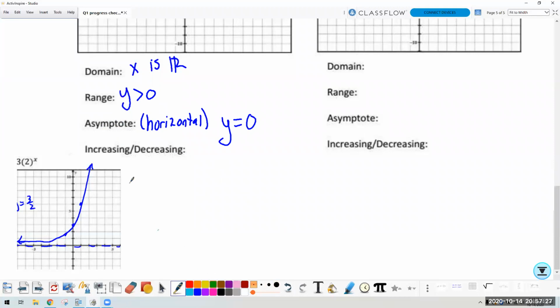If you're stuck on whether it's x or y equals, think about any coordinate along this line. All the y's are zeros. All right, and then is this graph increasing or decreasing? As I read my graph left to right, if I'm walking, all the y values are going up. This graph is increasing.